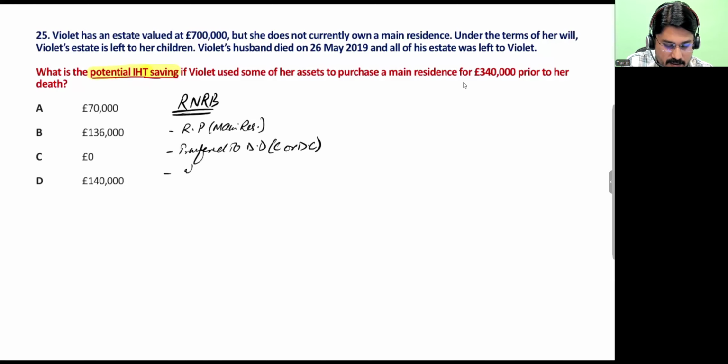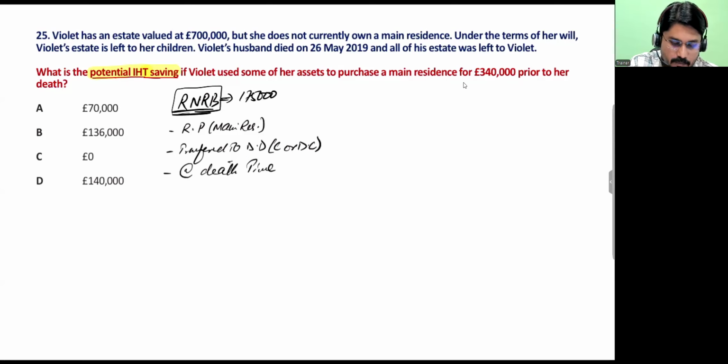If all of the conditions are met, then the residential nil rate band can be claimed. The residential nil rate band amount for the fiscal year 23-24 is 175,000. Plus, we know that a spouse's unused nil rate band can also be transferred.